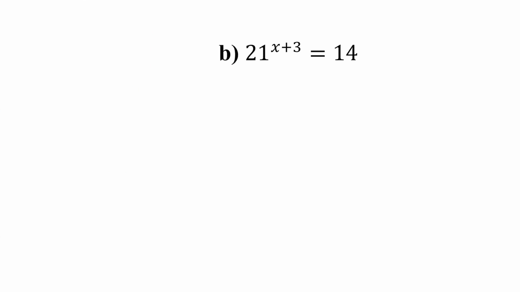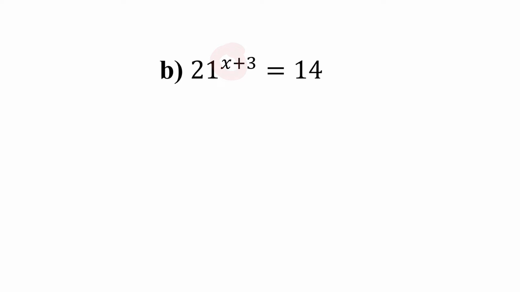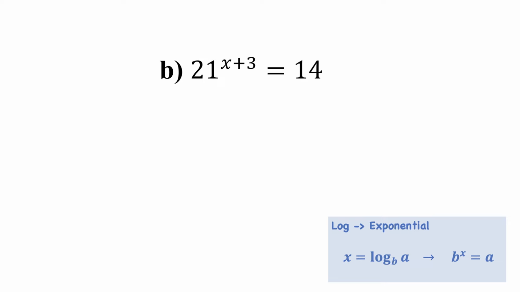Part B, I notice I just have one term with a variable, and that variable is in the exponent. So I can just convert this into logarithmic form and be able to easily solve for the variable. In logarithmic form, I know the exponent is the answer, so x plus 3 is the answer to the logarithm. And the logarithm has two parts, a base and an argument. The base of the power becomes the base of the logarithm. So I would have log base 21 of 14.